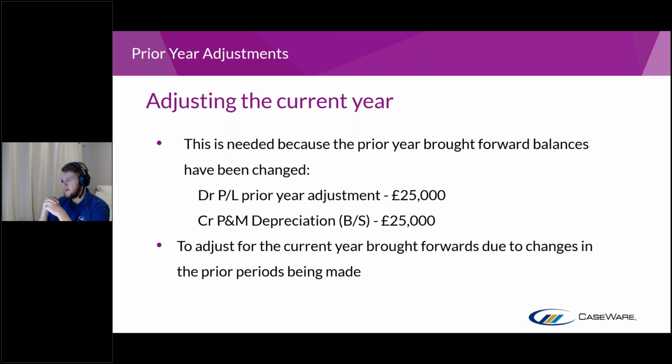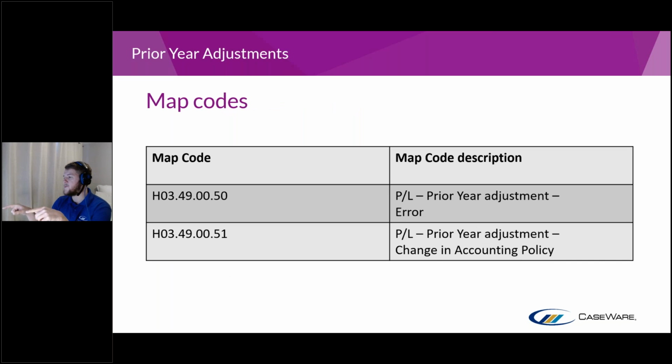Now, for that code there, the map codes that you need to use for that, we're going to jump into in a moment. So that particular part of the journal is going to be the key area for the prior year adjustment, and that's where you've got these different map codes here. So you've got HO3.49.00.50.